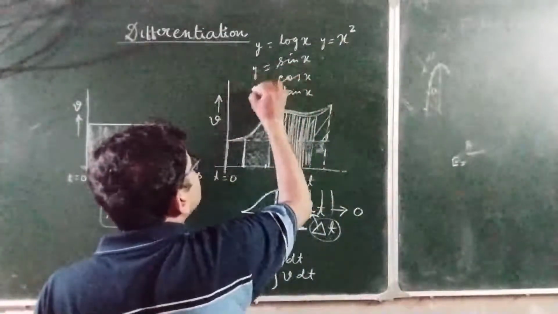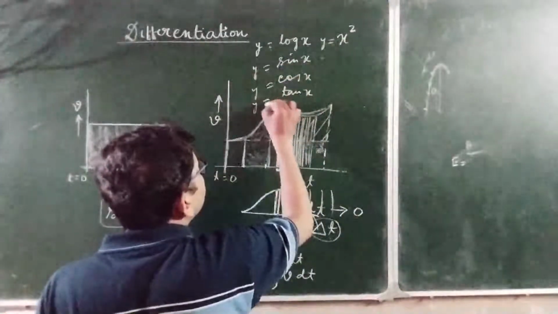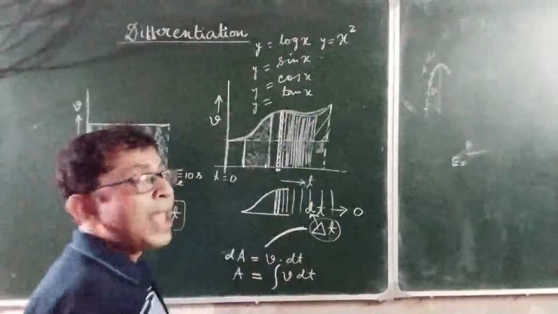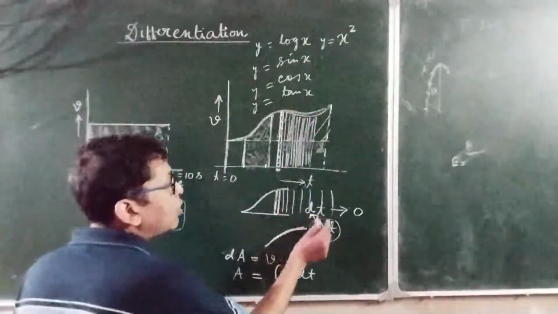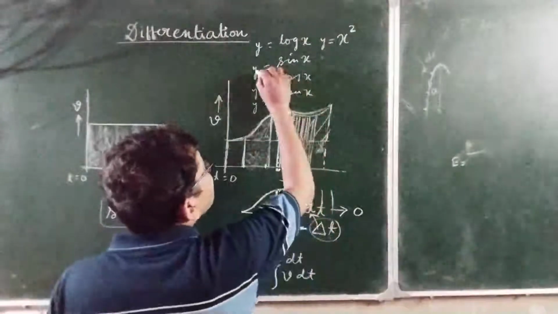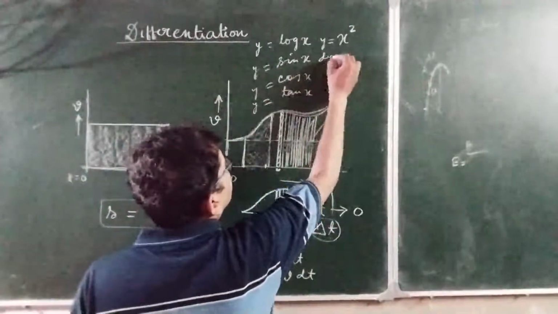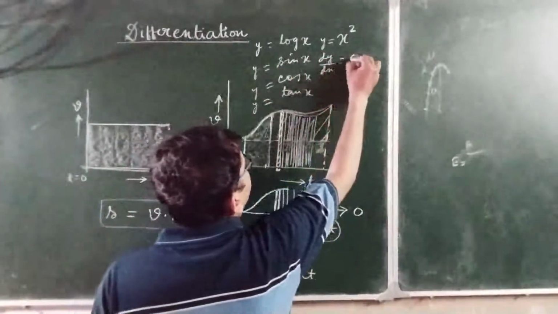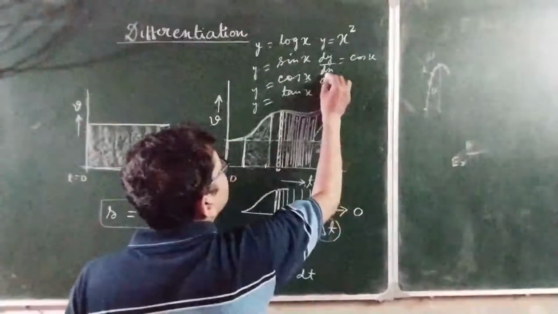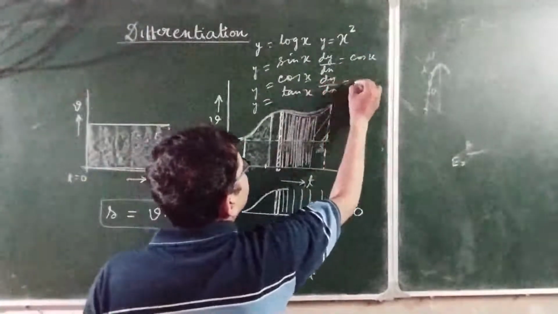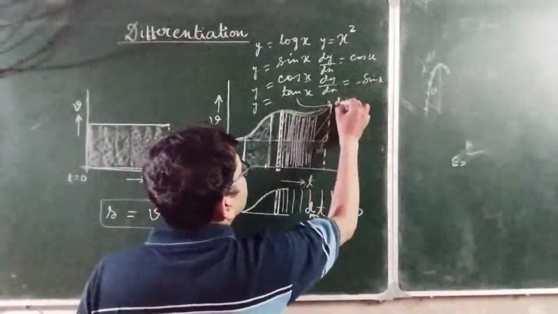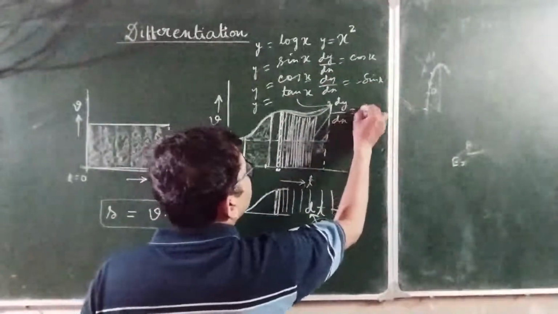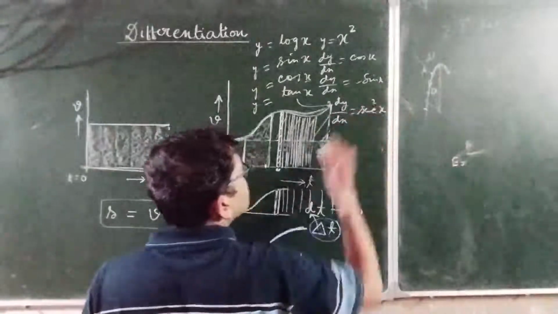Depending on that, by using several formulas, you can determine its smallest part. Like its smallest part will be cos x. Its smallest part will be minus sin x. Its smallest part will be this.